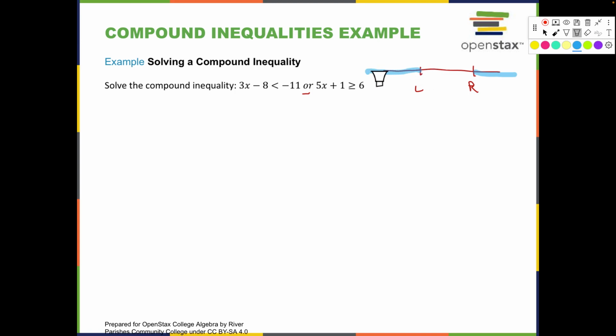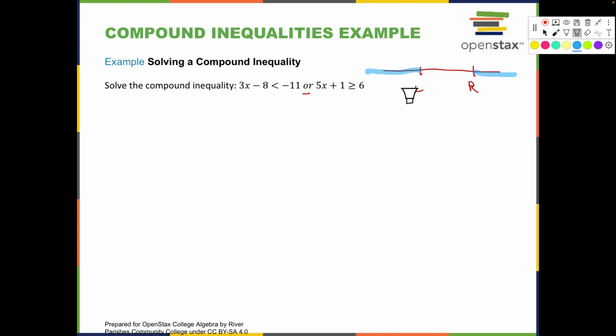That's what's going to happen when we have an or. And it's still a compound because it's saying that both of these things can't happen at the same time. You're either on this side of town or you're on that side of town, but you're so many miles away from something. So we'll go ahead and actually solve this one.